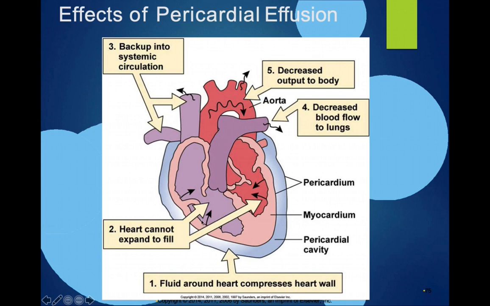It pushes inward, and while the chambers are trying to fill up and expand, they just can't. So you get a backup into the systemic circulation from the right side, decreased blood flow to the lungs, and decreased output to the body. Okay?